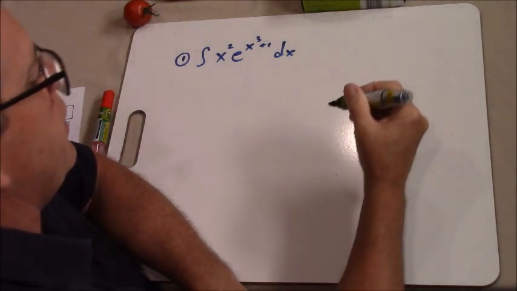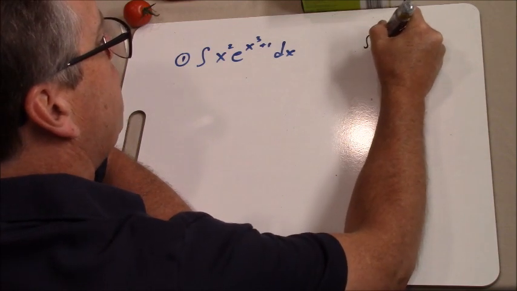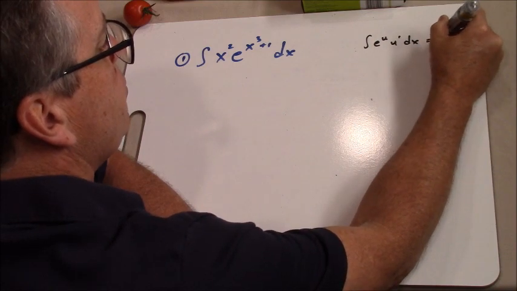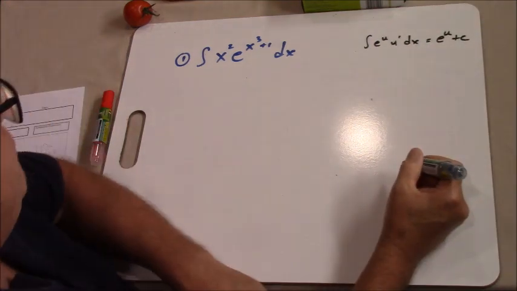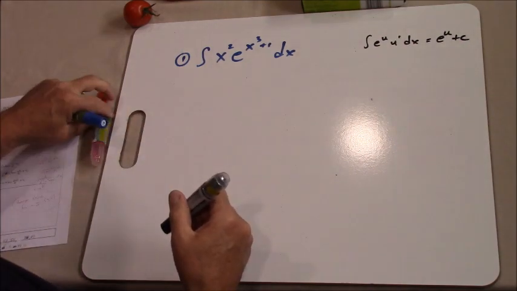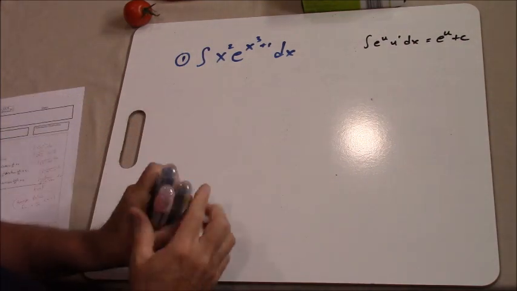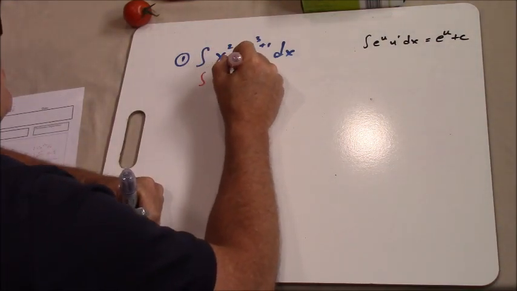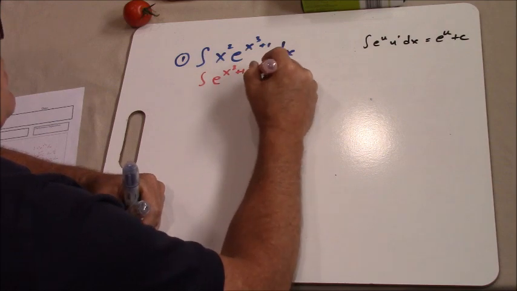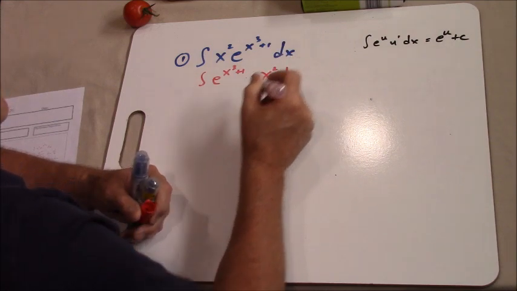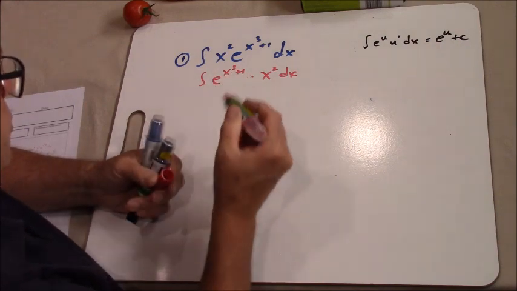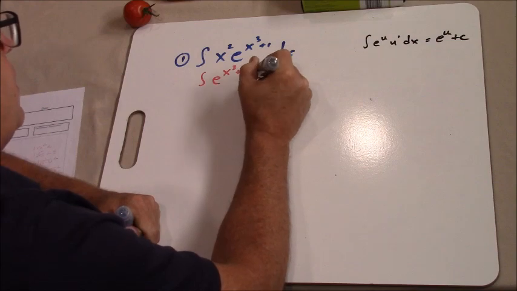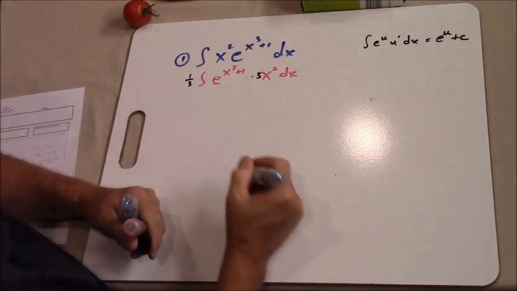So this looks like the integral of e to the u prime dx, and that just equals e to the u plus c. If I rearrange this a little bit, let's say I've got the integral of e to the x cubed plus 1 times x squared dx. The derivative of the exponent would be 3x squared, and so what I need to see in here is a 3, so I'll put 1/3 on the outside.